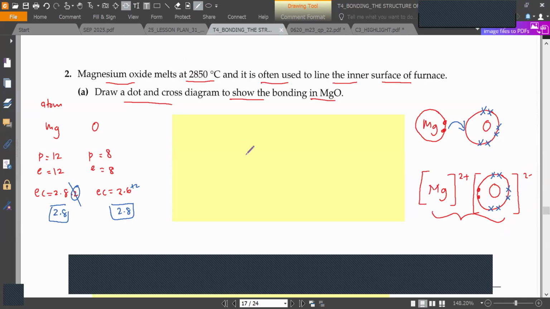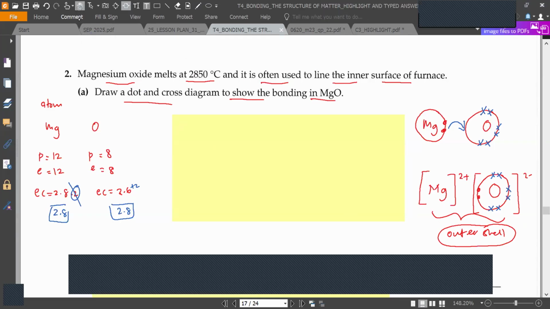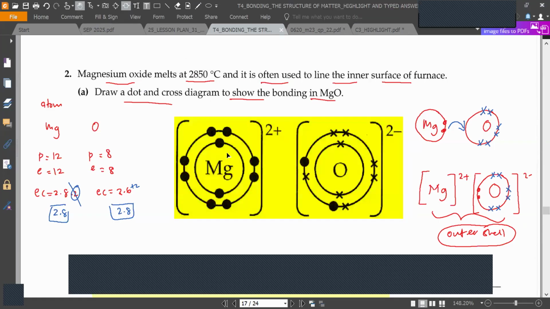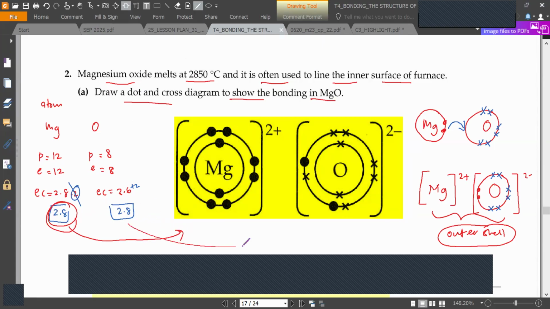In the exam situation, most of the time we just need to show the outer shell. But sometimes it is possible it asks for all the shells. If it asks for all the shells, we will draw like this: magnesium in the end is 2,8, and oxygen in the end is 2,8, with 2 electrons coming from the magnesium.